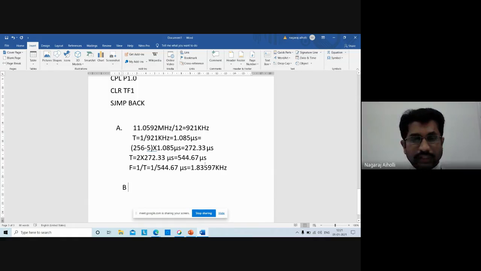If you want the time period largest, then what should be the starting value in TH? If we have maximum counts, then we'll get the maximum delay.